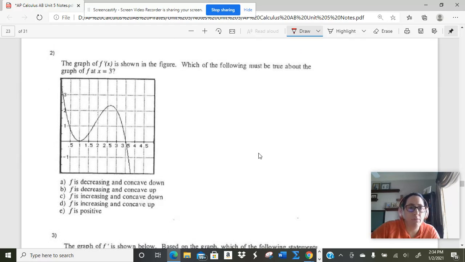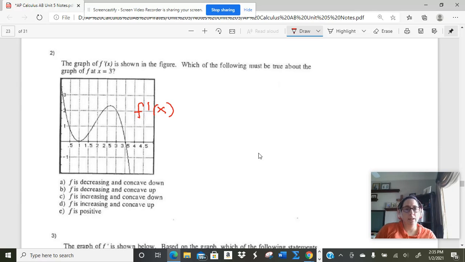Okay, here, f prime of x is given. Which must be true? See if you can answer this one, and then I'll talk you through it. So pause me and then unpause. All right, so f of x is decreasing. This is where f is decreasing up here, positive, negative, and it's asking at x equals 3.